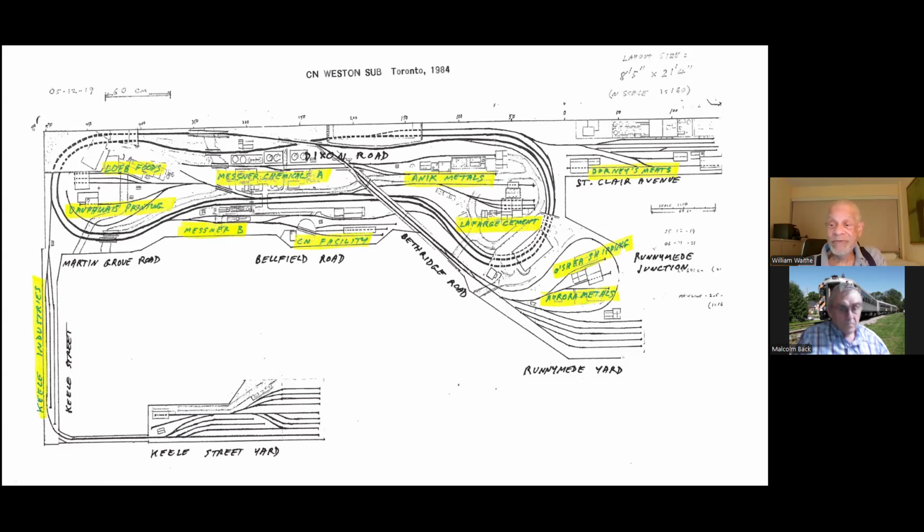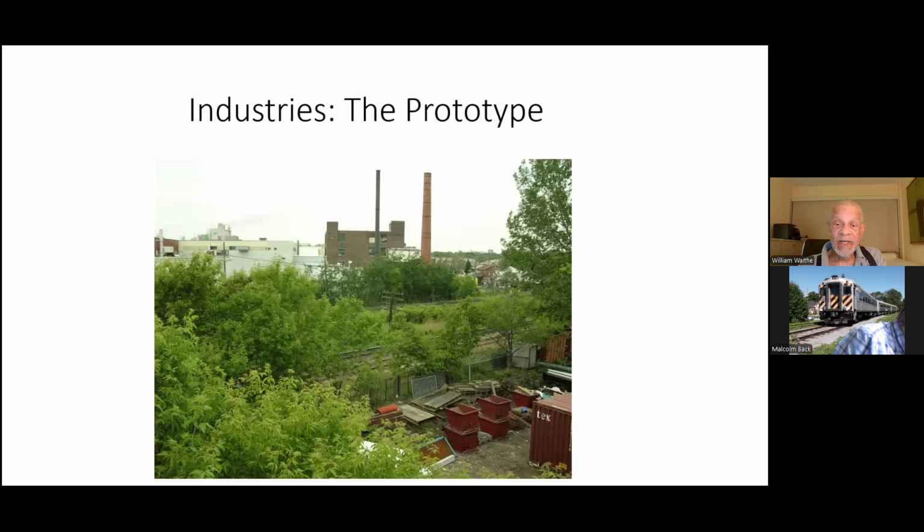The system operated very well. In 2015, then we sold the townhouse and moved into a condominium. And so the layout I'll be talking about now begins from 2015. But first, we'll have a look at the prototype.